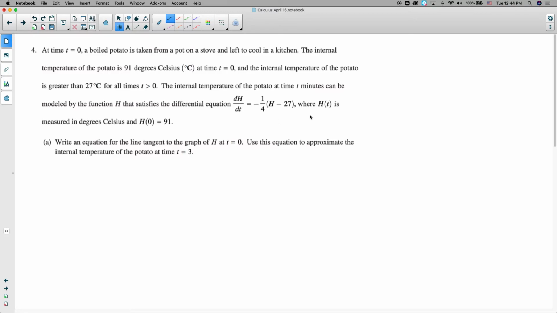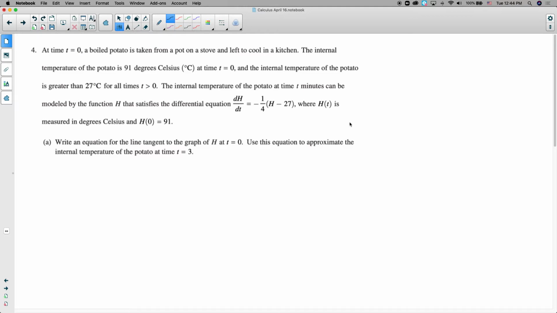H is this function that you put in the number of minutes, and then it tells us the temperature of the potato, and the potato is cooling. So we have the rate of cooling with respect to time, and the rate of cooling depends upon the function itself. So we've wrapped ourselves in a little knot. But let's see what we can do.